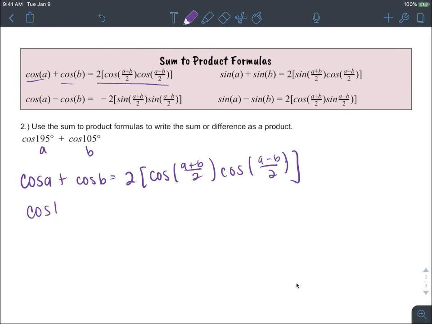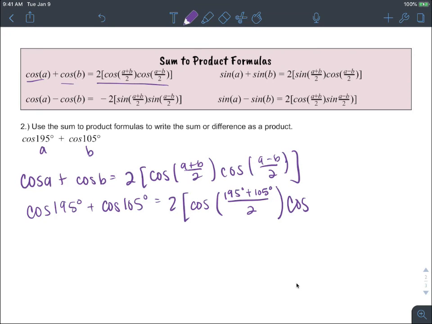The cosine of 195 degrees plus the cosine of 105 degrees is equal to 2 times the cosine of 195 plus 105 degrees all over 2, times, since I'm moving into a product, the cosine of 195 degrees minus 105 degrees all over 2.